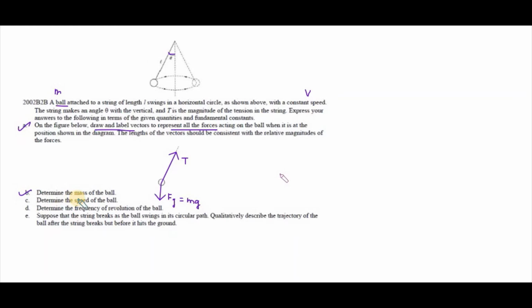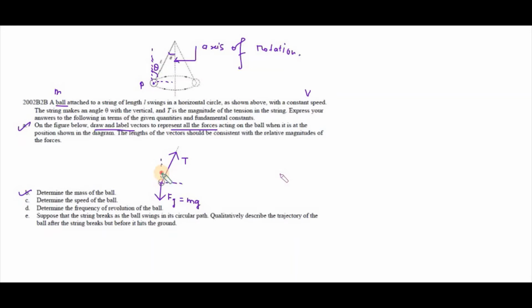Now for part B, determine the mass of the ball. If this angle is theta, and through the point P we draw a line parallel to the axis of rotation, then this angle should also be theta according to the alternate angle concept.